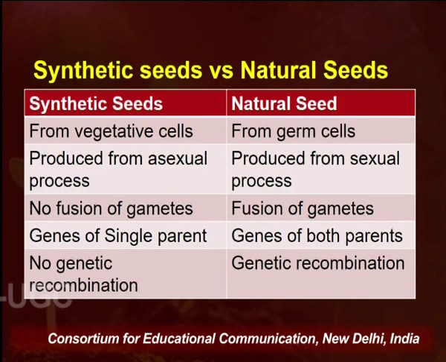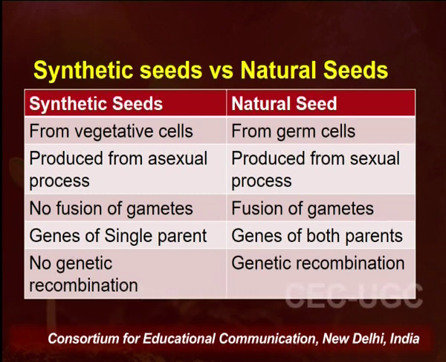Now if we compare synthetic seeds and natural seeds, we know that natural seeds are formed from the germ cells, whereas synthetic seeds can be formed from any vegetative cell. Natural seeds are produced by a sexual process, whereas synthetic seeds can be produced by an asexual process. The formation of natural seeds involves the fusion of gametes, whereas in synthetic seeds no fusion of gametes is involved.